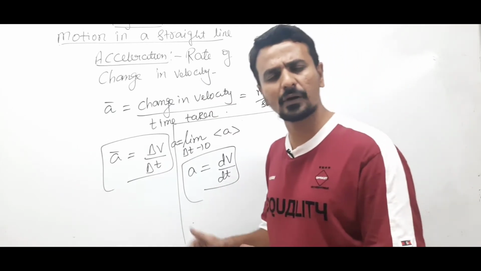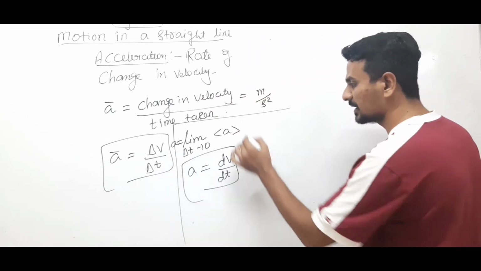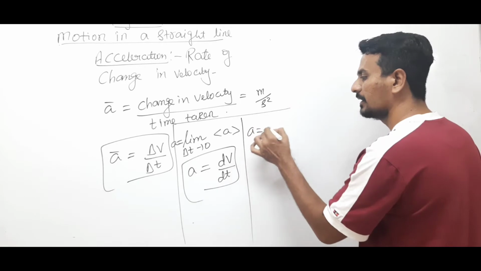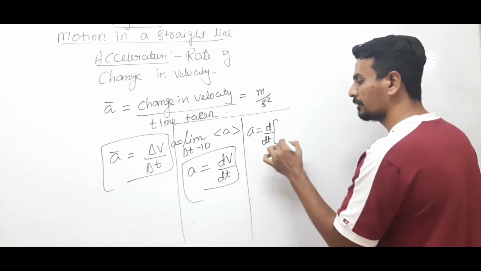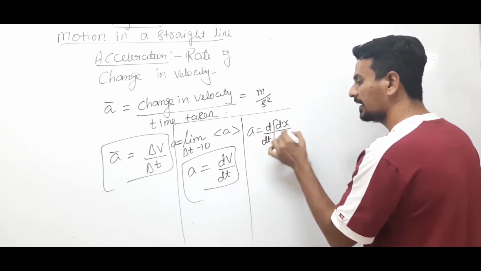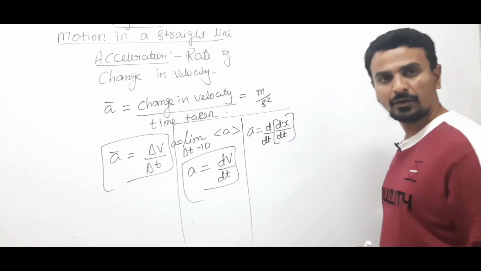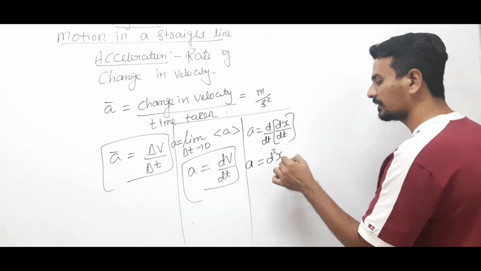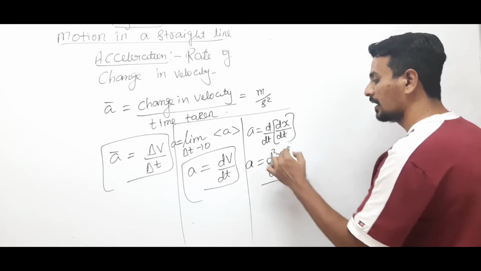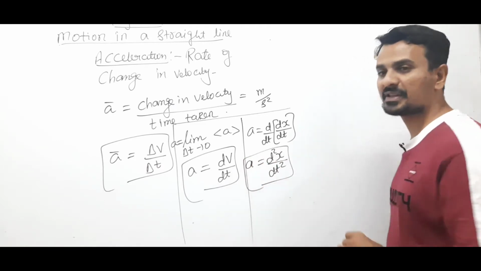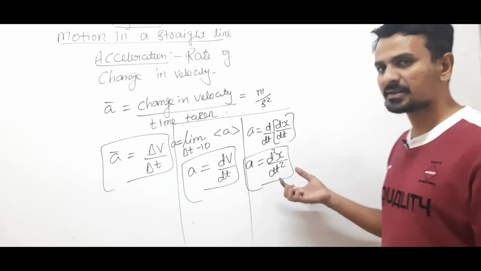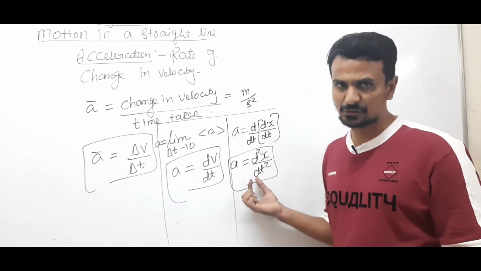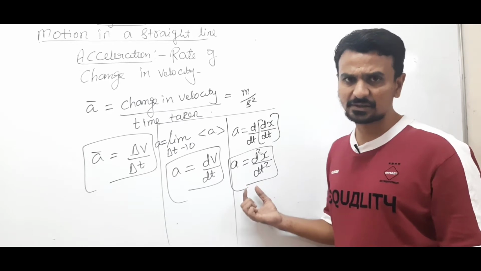The same thing is for acceleration. Still I can rewrite acceleration as d by dt of v, which is dx by dt, right? So acceleration can also be defined as d square x by dt square, that is double differentiation of x with respect to time. That will give me acceleration, right?